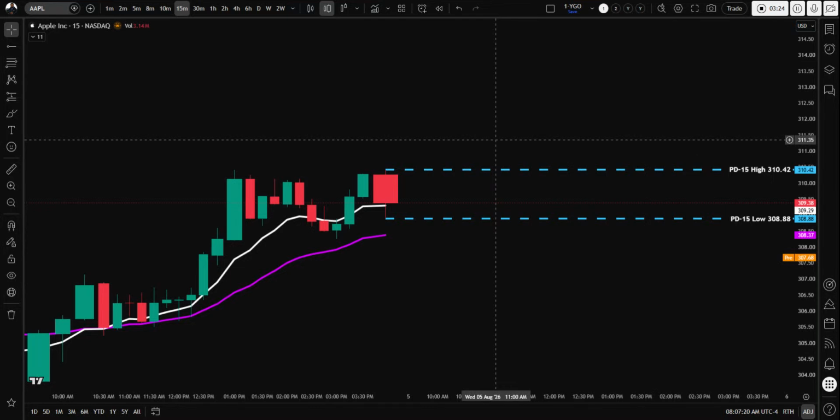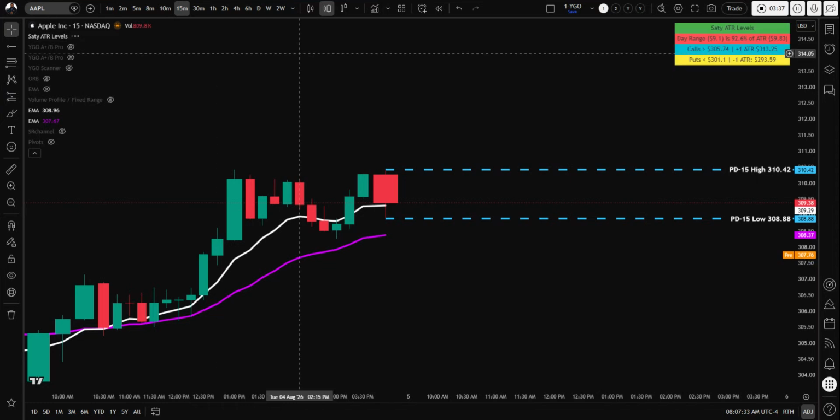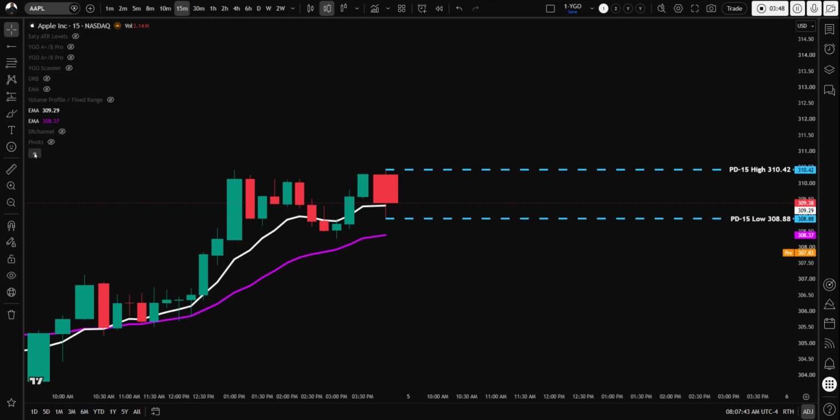After I build that, a lot of times I take into consideration the ATR for Apple. The daily ATR for Apple right now is $9.83. So I just do the math for that. I do 100% of that from wherever price is.